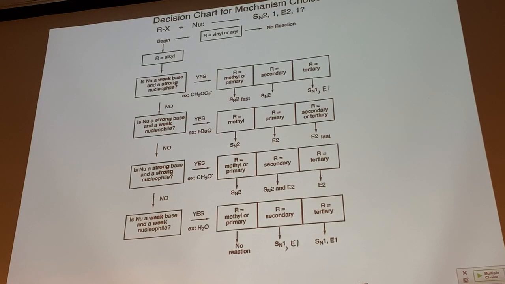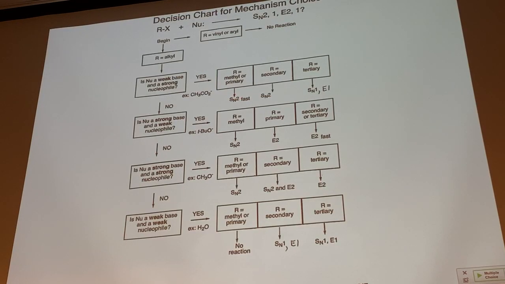The only time we see elimination is with the tertiary alkyl halide, because that's incapable of engaging in SN2. We have to wait for the carbocation to form, and once the carbocation forms, it can either eliminate or undergo substitution. Even if it's a weak base, it will do the mixture of elimination and substitution. Okay?